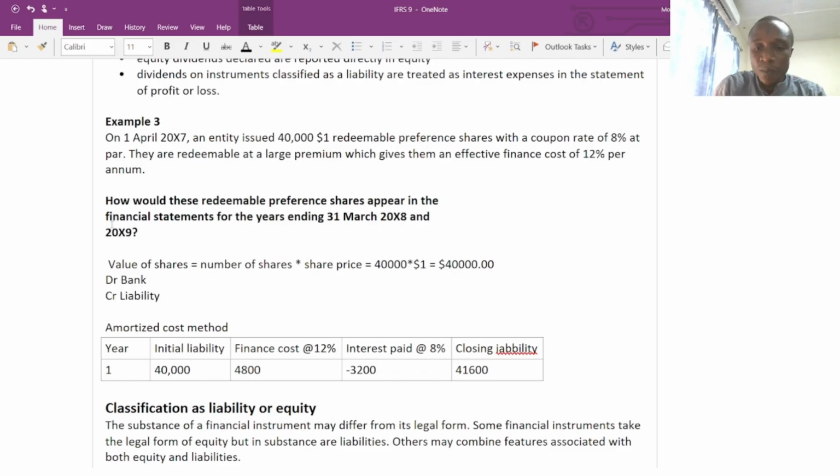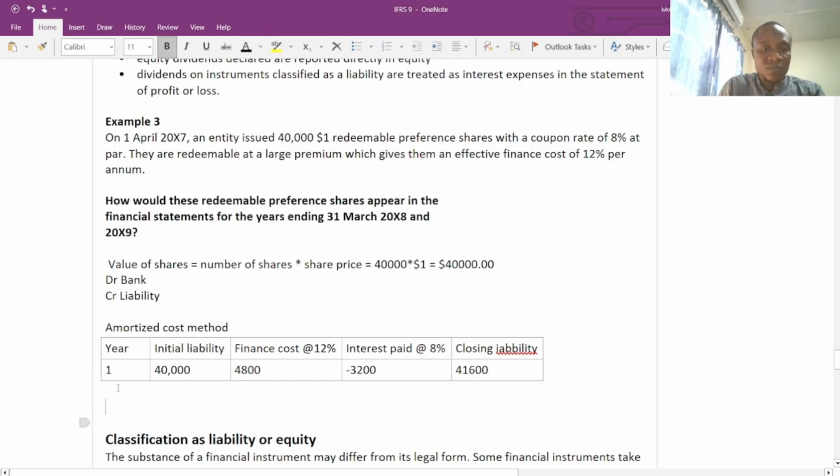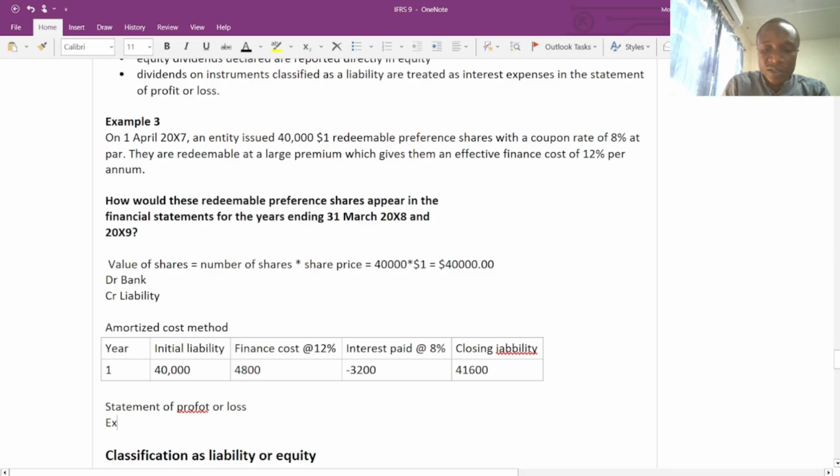So now, in the statement of profit or loss, we are going to show an expense of 4,800, right?